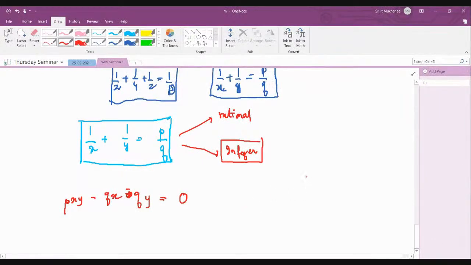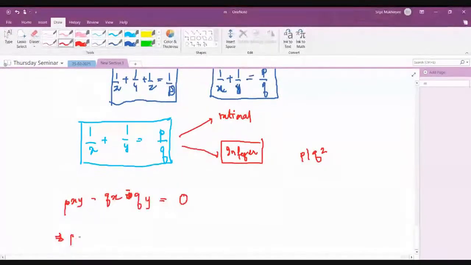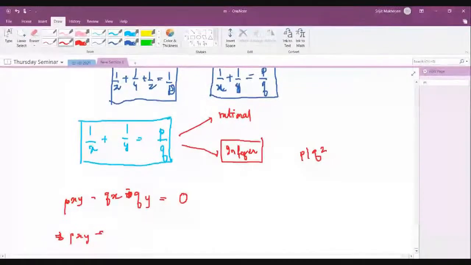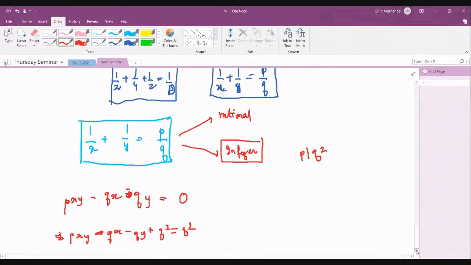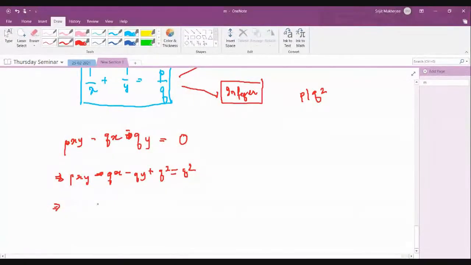Any ideas? There can be one option. As far as I can feel, we can use the idea that suppose p divides q squared. Then we can add pxy minus qx minus qy plus q squared similarly, and we can do it in the same way, I guess.